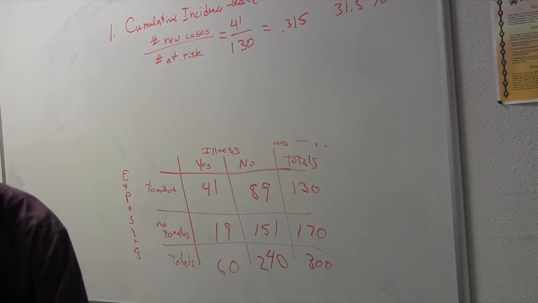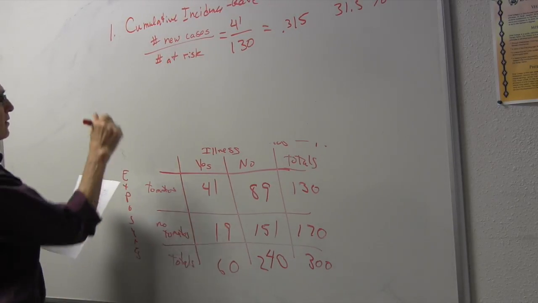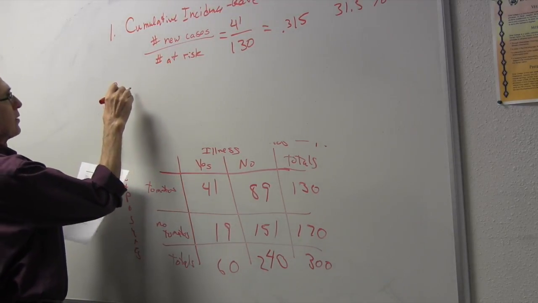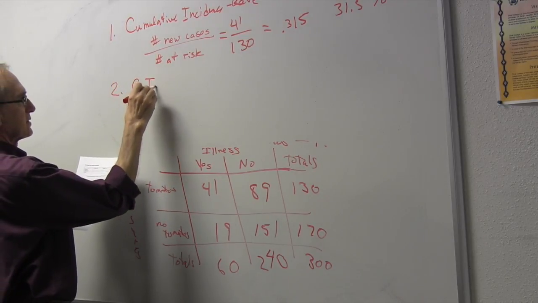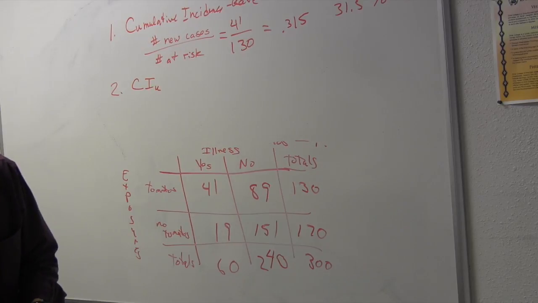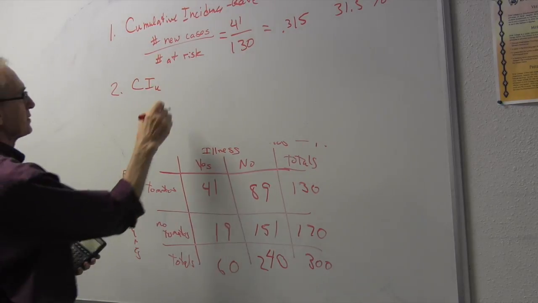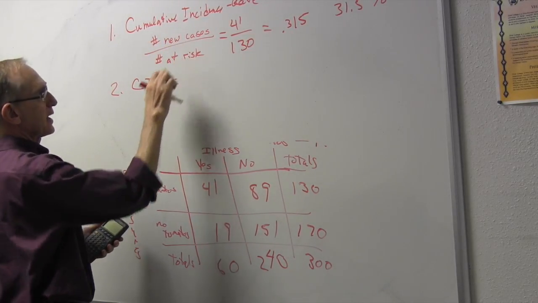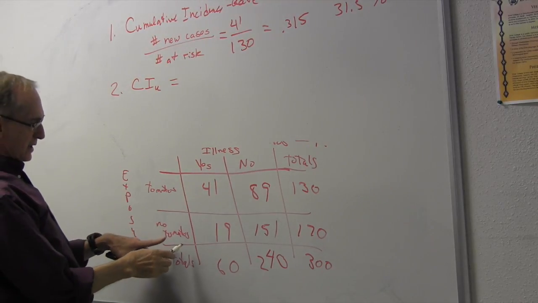And then the next question in our list is, what is the cumulative incidence in the unexposed? That would be the ones who didn't eat the tomatoes. Same thing, new cases over those at risk, which is everybody.